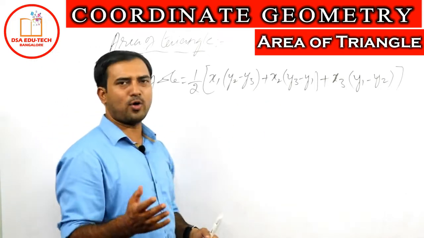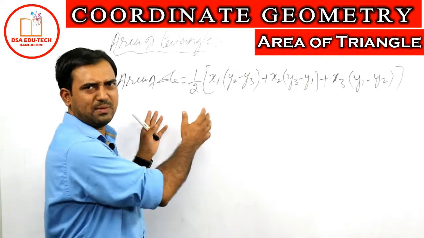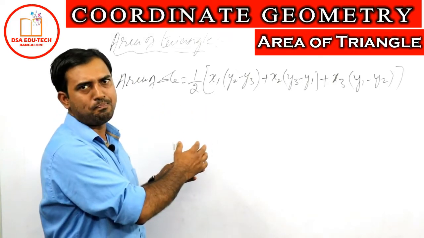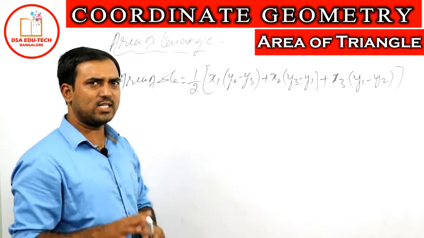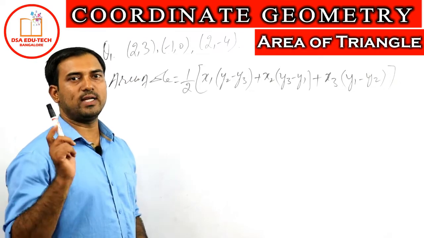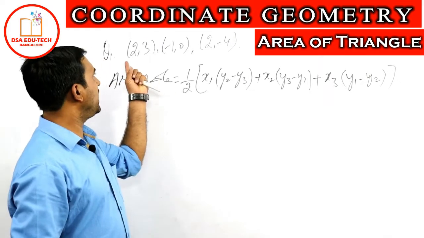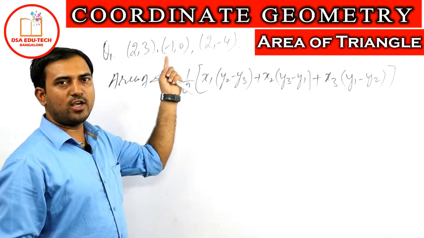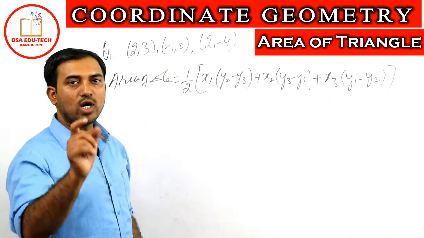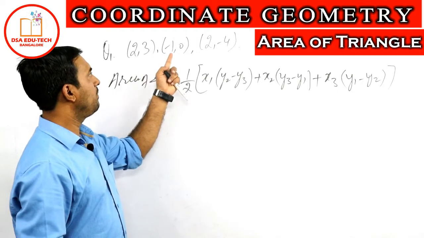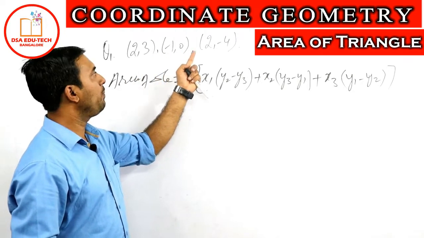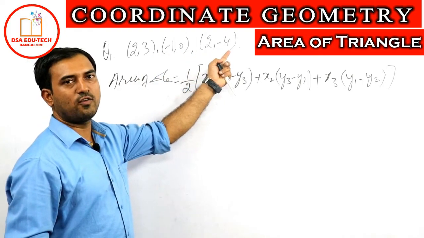So let me solve one problem, as it would be a very easy problem even if they ask in the exam. I'll solve only one problem and I'll make sure that you understand this question. The question is, find the area of the triangle whose 3 vertices are (2, 3), (minus 1, 0) and (2, minus 4).